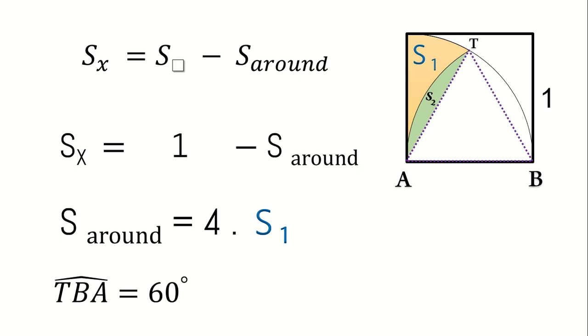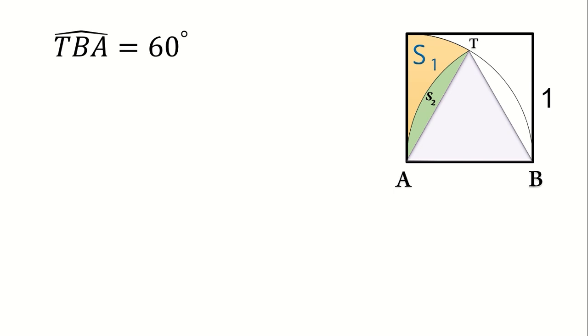And I ask myself, what is the amount of S2 area? So the S2 area is equal to the sector of the whole circle with 60 degrees minus the area of TAB. So the area of S2, as I said, is equal to S of 60 degrees sector minus S of triangle, which I show you by S triangle.